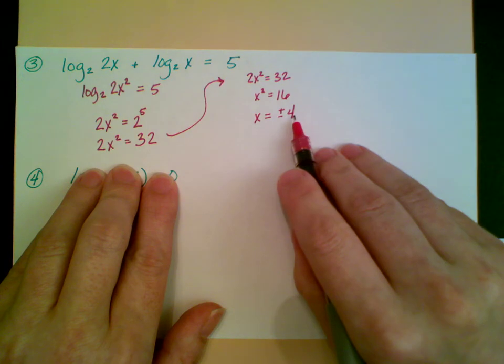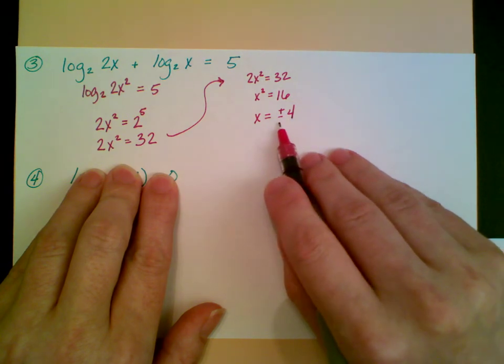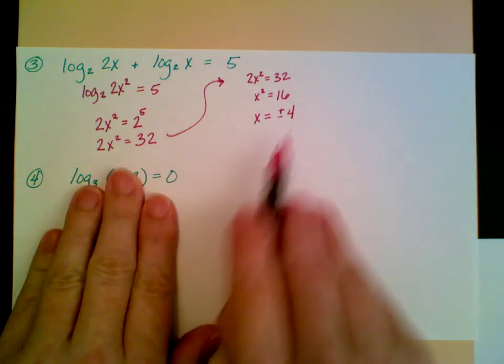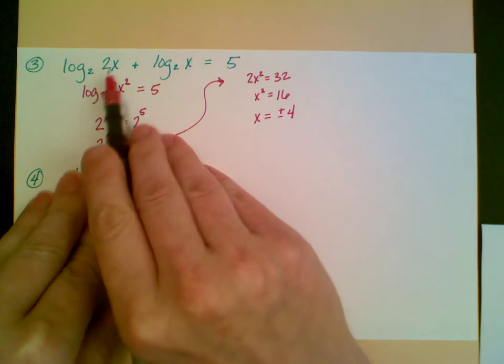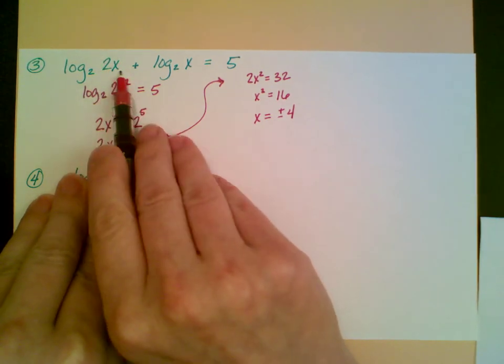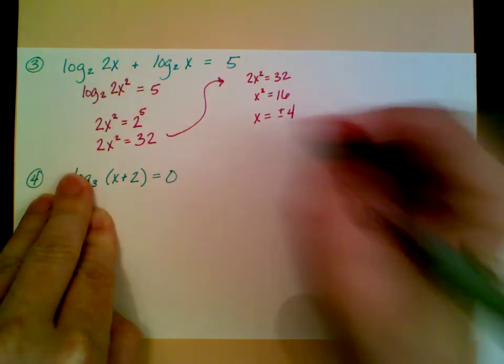Now here we do need to be careful. I have two separate answers, positive 4 and negative 4. But if negative 4 is my x, then that would make the input of this logarithm negative 8, which I cannot have, the input of a logarithm be negative.